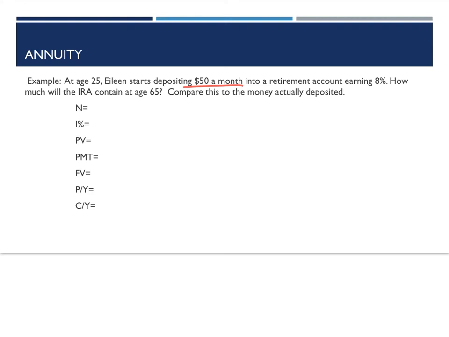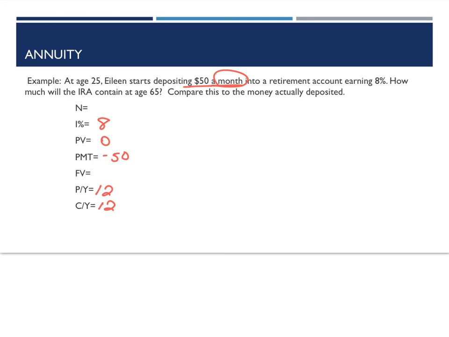So she makes payments of $50 a month, and she starts with no lump sum. Now she has a retirement account that's going to earn 8%, and she does it $50 a month means she makes 12 payments a year. Even though it didn't say anything about the 8%, if she's doing 12 payments a year, we assume she's getting compounded 12 times a year.